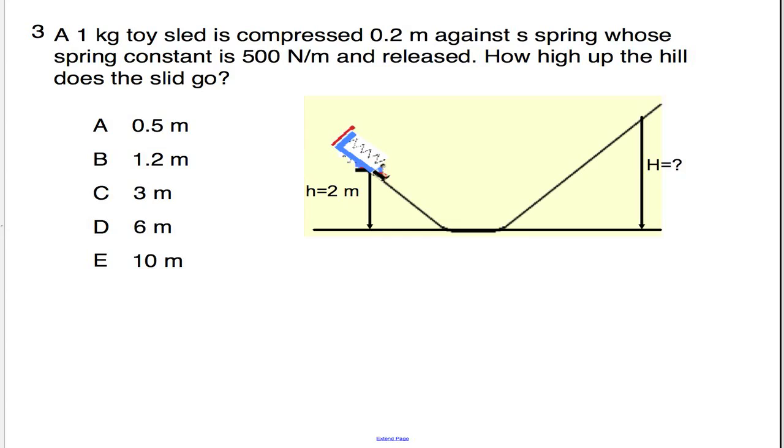Once again, let's call this point A, and let's call this point B when it gets up here. Total energy at point A is equal to total energy at point B. So stop the video and see if you can do the problem and find the correct choice.